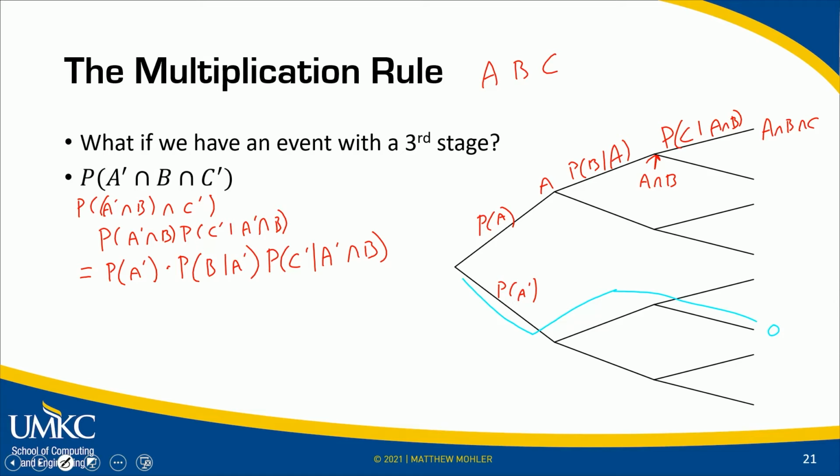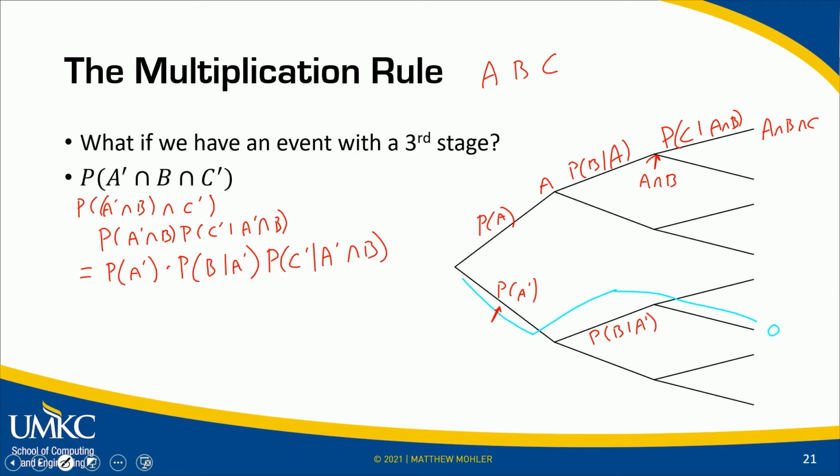Now, from here, what we've established is that we're looking exactly at the layers of our tree. We've said this is the probability of A complement. This one here would be the probability of B given A complement.